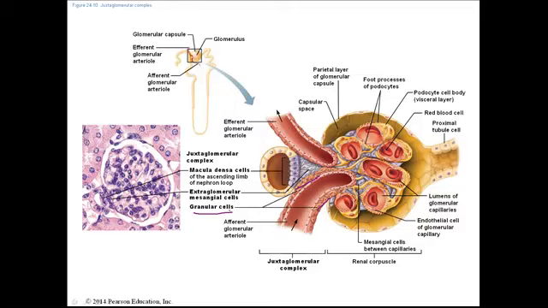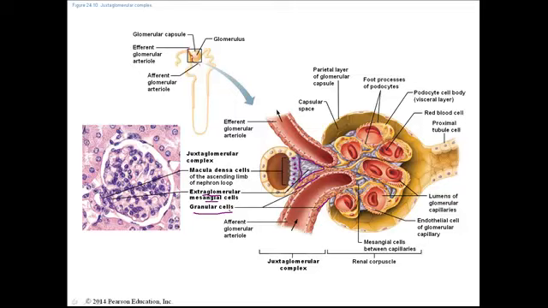And the macula densa are these cells right here. These are the ones that actually secrete the renin in response to blood pressure. The extraglomerular mesangial cells are the ones right here. So if you see this picture on an exam, these are the granular cells here.